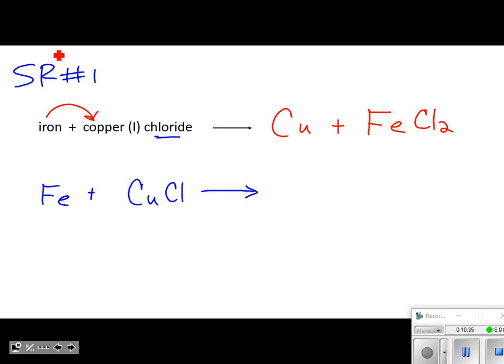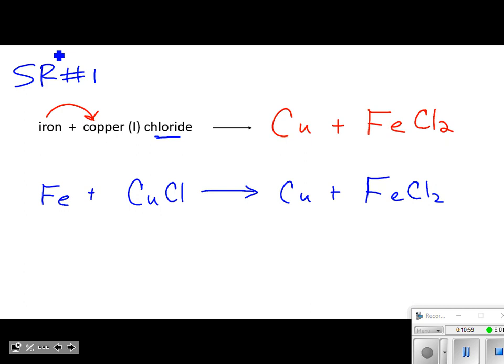All right. So, my iron 2 chloride, my copper right there. Marquez, do you think that this is a balanced equation?